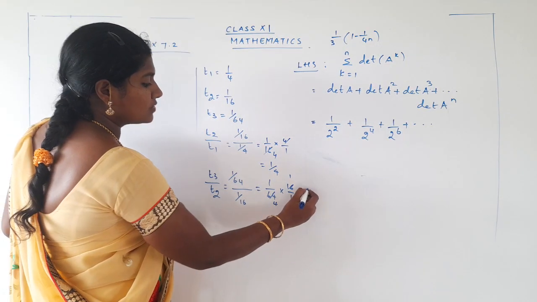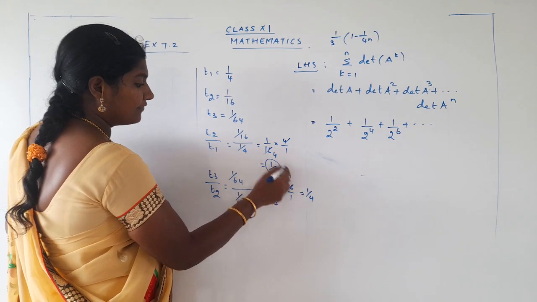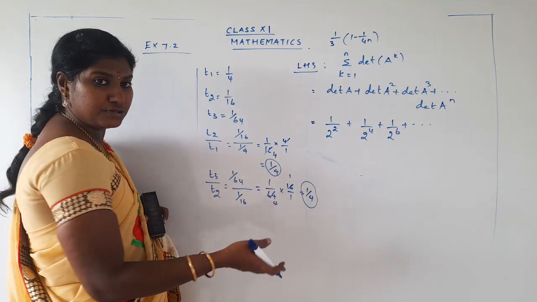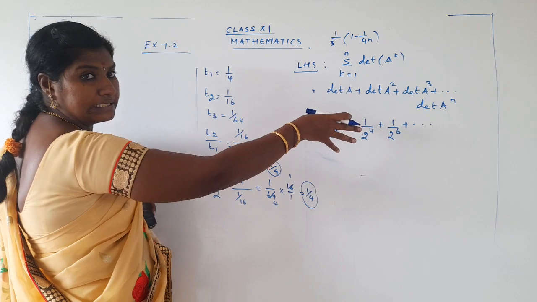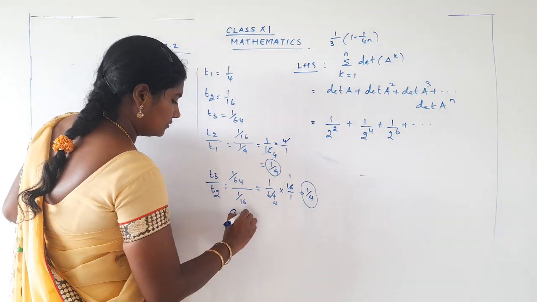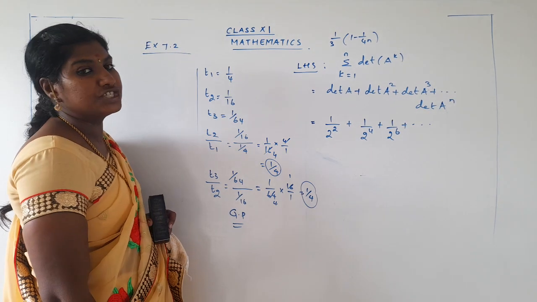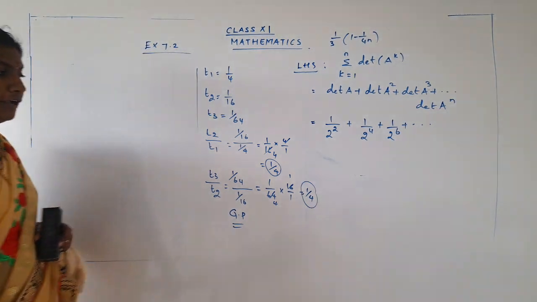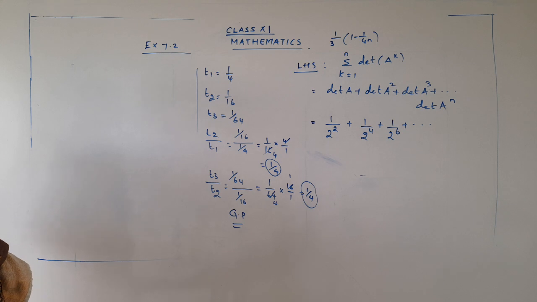So I get the same answer, 1 by 4, see. So we have the common ratio, we have the same ratio. So we can say the given sequence, here it is addition, the sum of the sequence, is a GP. If you have the common ratio, you have to say the given sequence is in GP.